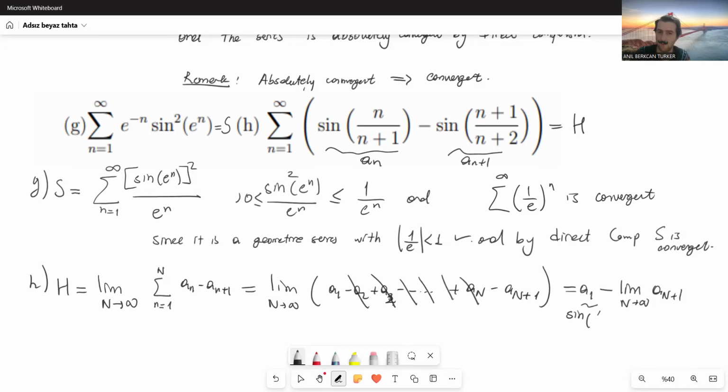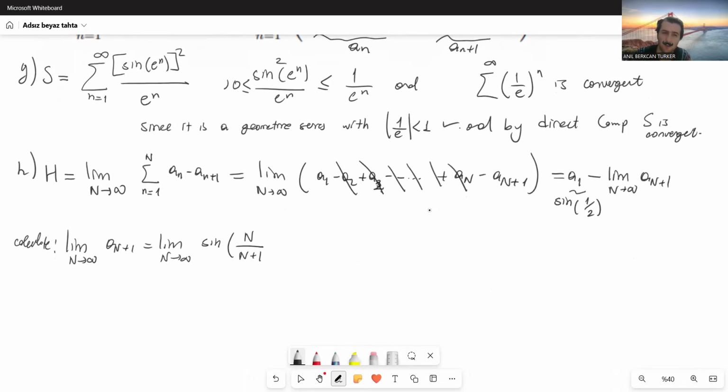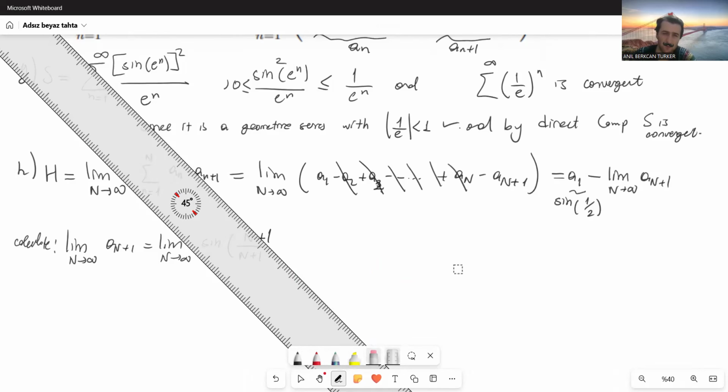So this is just sine 1 over 2. And let me calculate the limit as n goes to infinity of a_(n+1). Let me check it again. Yes, correct. This is n plus 1.